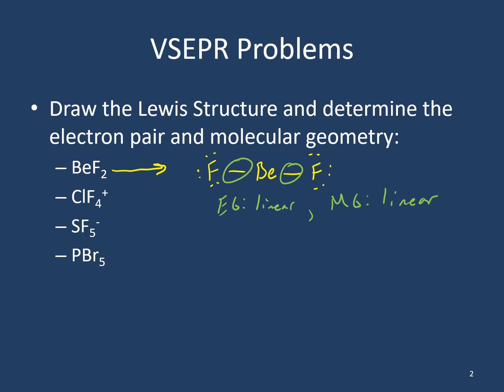Now, if we look at ClF4+, its Lewis structure is going to have Cl in the middle. And so when we draw this out, we can count up how many electrons we have. So 5 times 7 is 35, minus 1 would be 34. So I've used up 8.